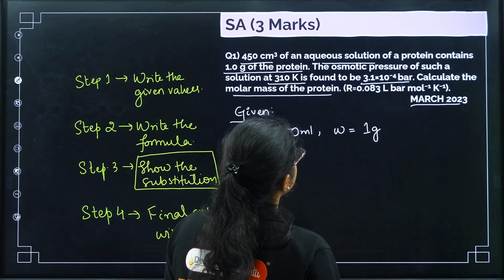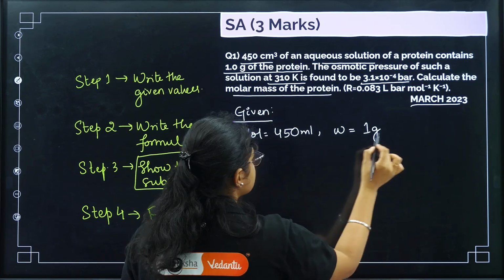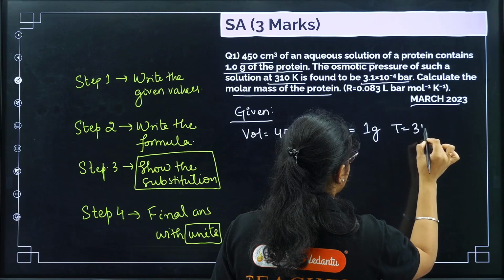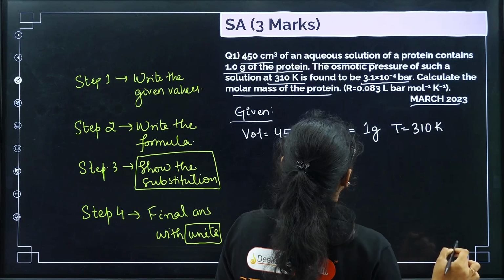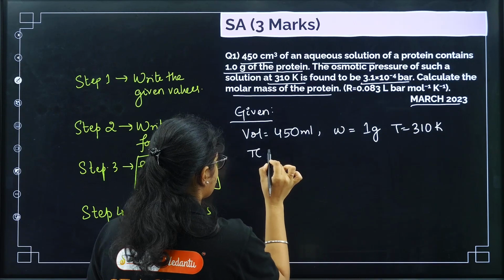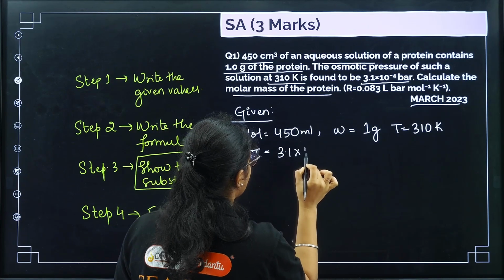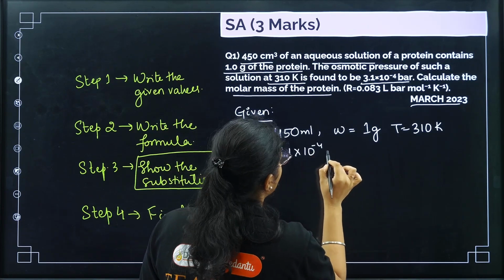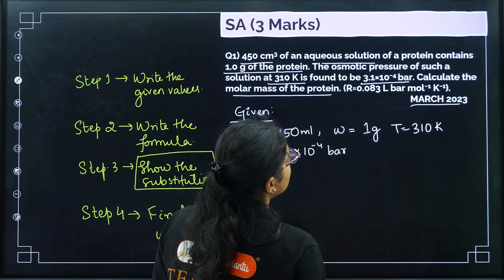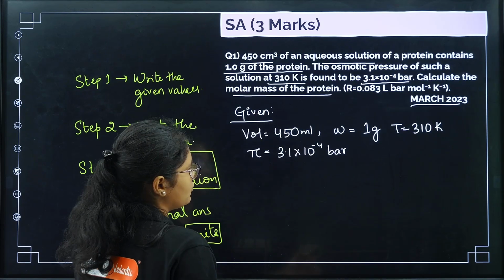Temperature is given to you as 310 Kelvin. Osmotic pressure you can write with pi, and it is given as 3.1 into 10 to the power of minus 4 bar. Now calculate the molar mass of the protein.